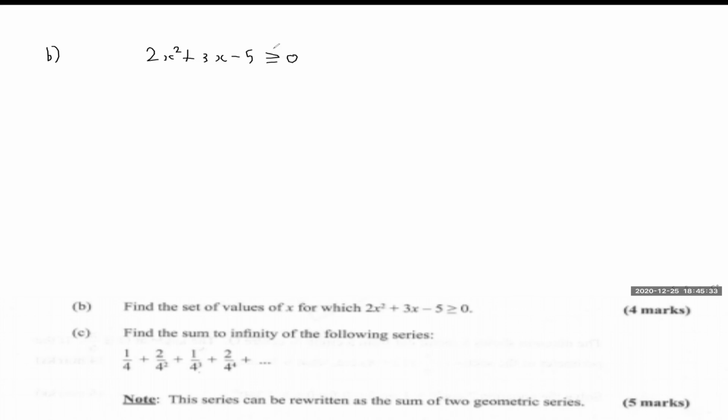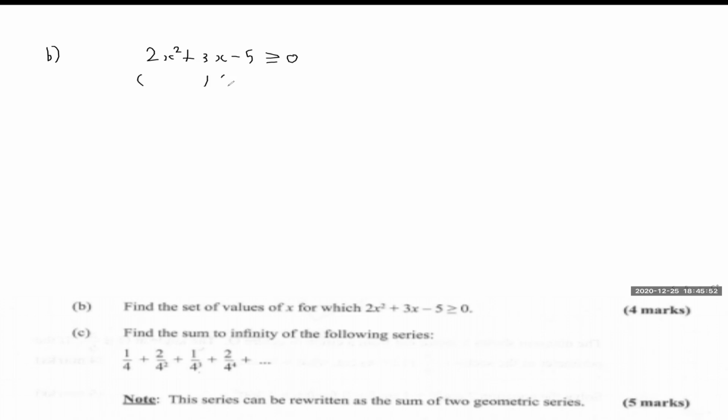Find the set of values for x for which this inequality is greater than or equal to 0. So first thing we're required to do is factorize this expression. Let's go ahead and factorize it.